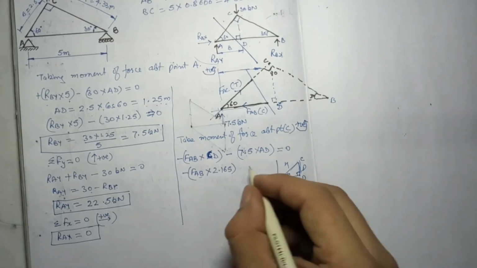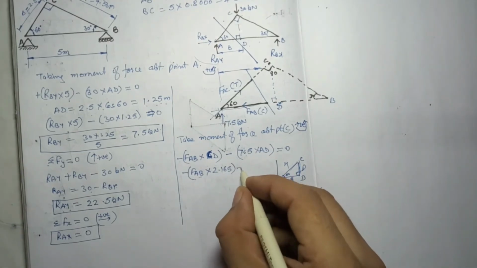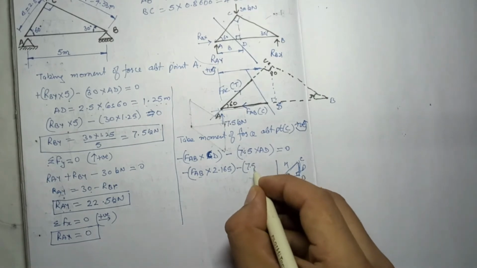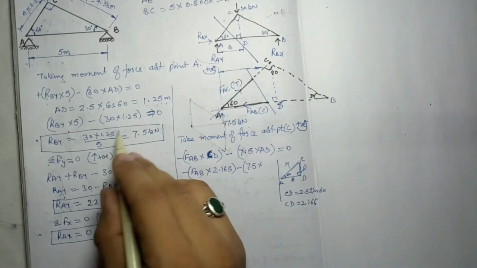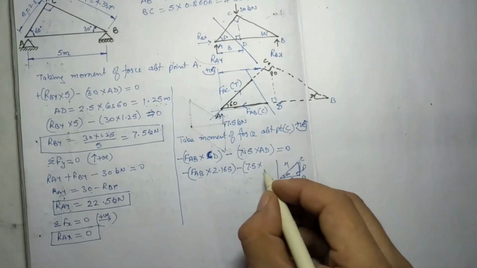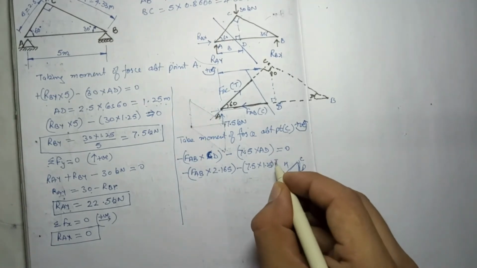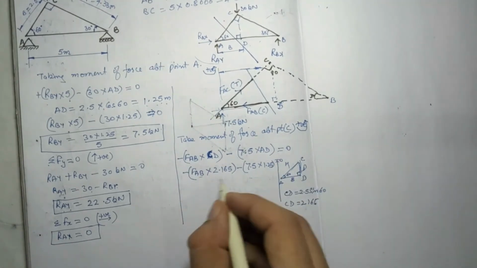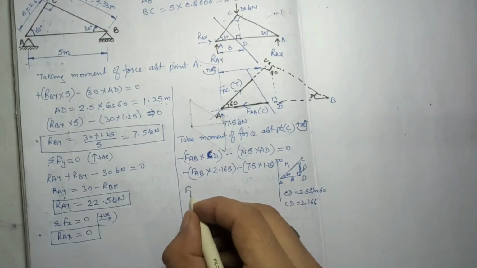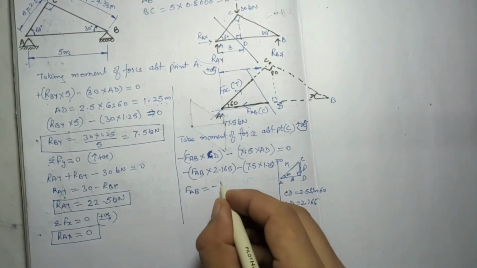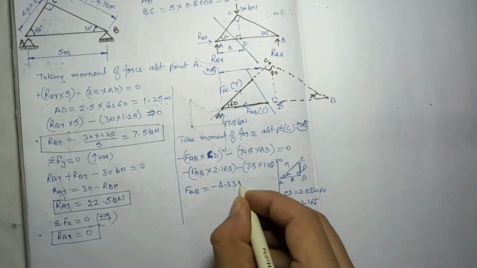So learn this, how to find out the perpendicular value. So minus 7.5 into AD, we have calculated here 1.25, so this is 1.25, that is equal to 0. Now if I solve this equation, then I am getting FAB equal to minus 4.33 kilonewton.